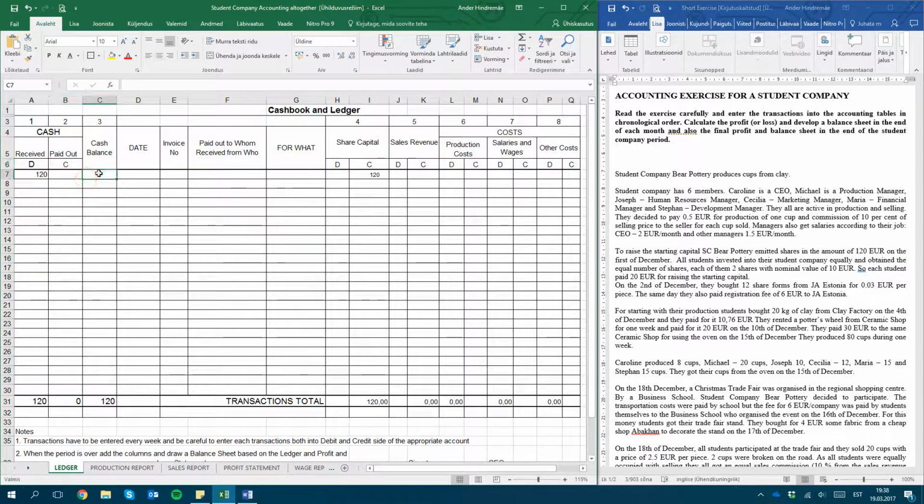We're also going to fill in the other parts of the table. So the cash balance currently is 120 because the money came in. The date was, let's see, yes, it says here on 1st of December, 01/12/2016.